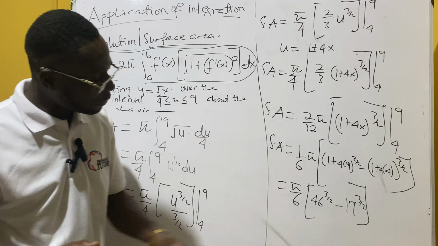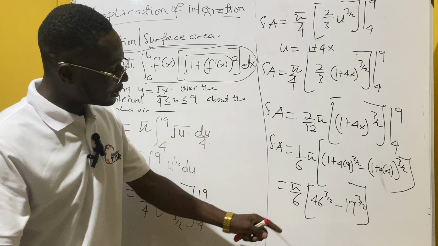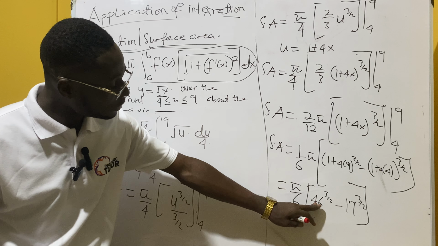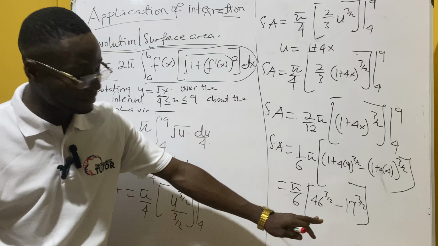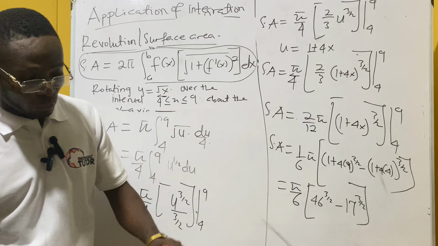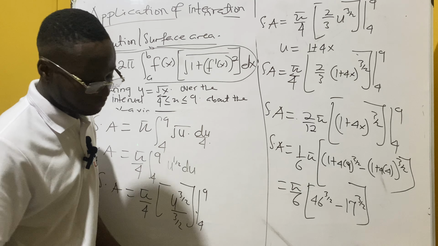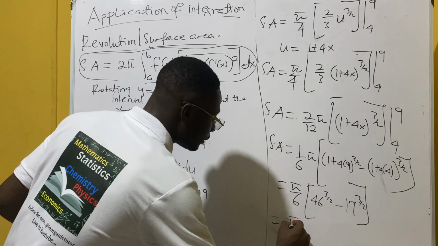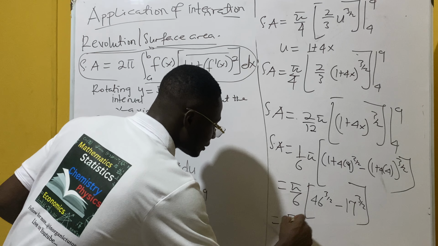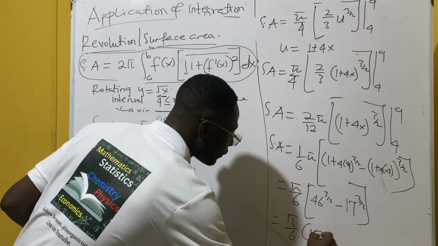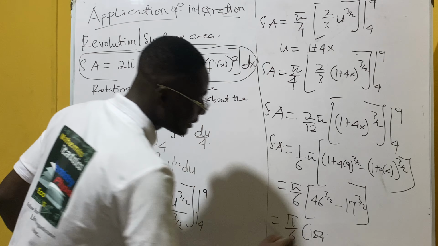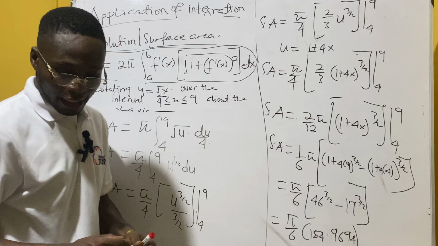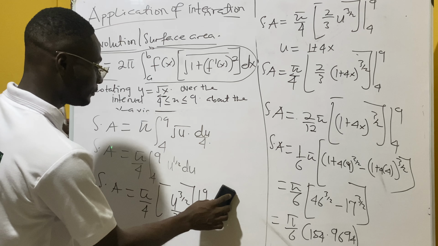So basically, when you simplify this, then you're roughly going to have 46 power 3 on 2 minus 17 power 3 on 2. That is basically pi on 6 into 154.9694, right?